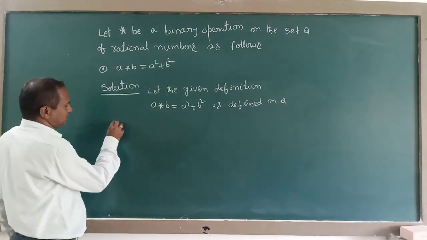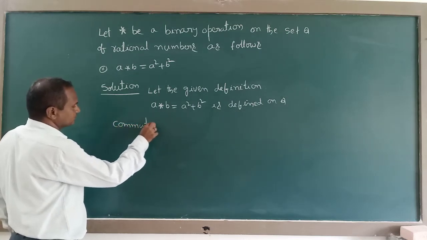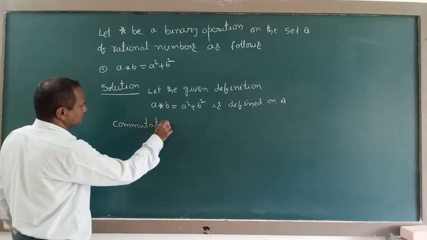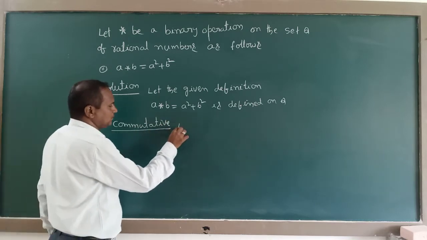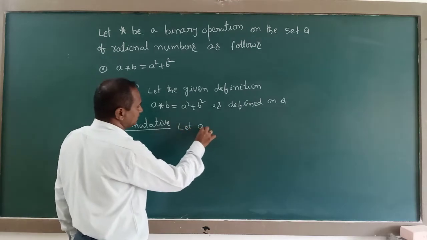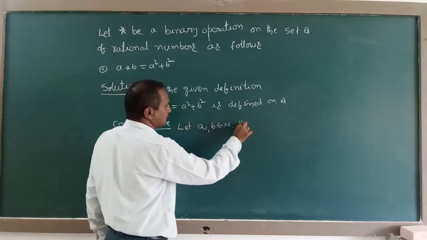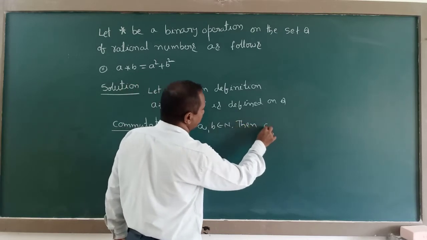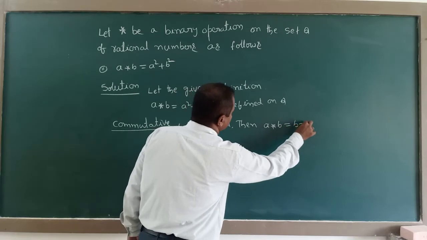First we have to check commutativity. Let a, b belong to Q. Then definitely we should get this property, that is a star b is equal to b star a.